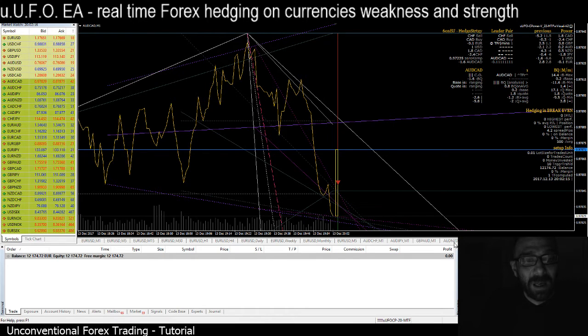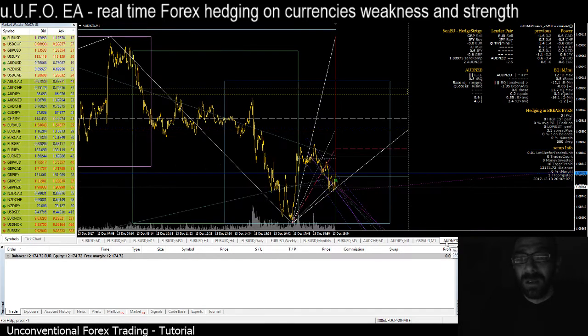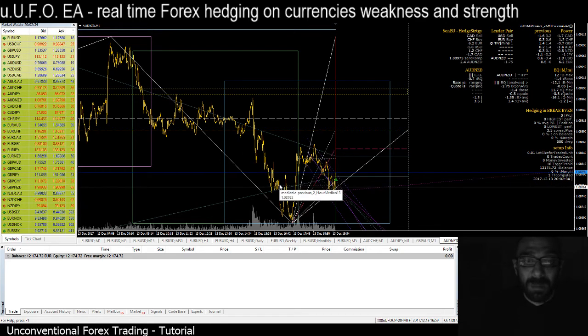Okay, here I have Australian dollar, New Zealand dollar, and as you can see from the ending of the Asian session and the overlapping with the London session, there was a decay, which was meaning the weakness of Australian dollar against New Zealand dollar.